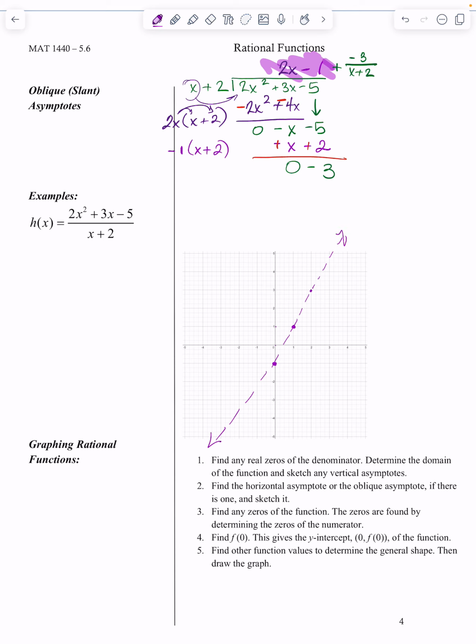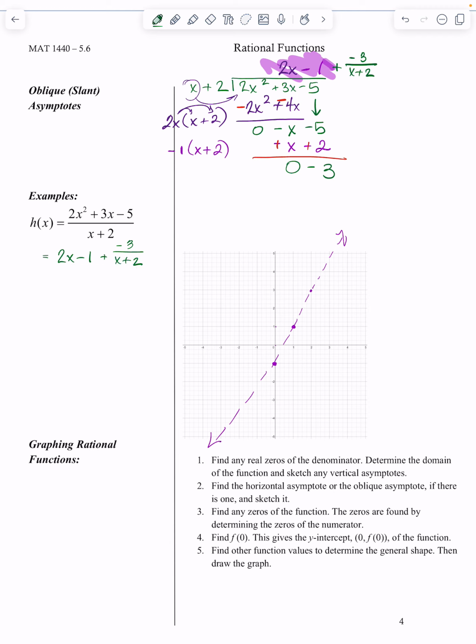Now, just like with the vertical asymptote, my graph is never going to cross this. Okay, so now I've rewritten h of x as 2x minus 1 plus, and I'm going to keep it this way, negative 3 over x plus 2.